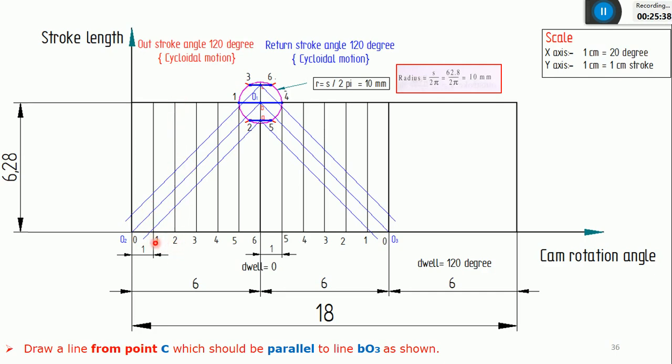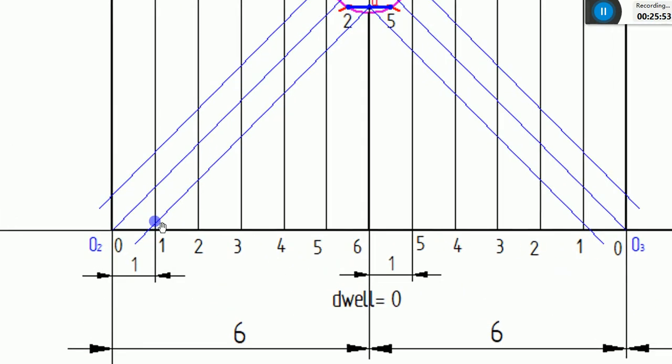So you can see here, this is the first vertical and second vertical line. This is the first inclined line, which is coming from point A. It will intersect the first vertical line and the second vertical line at this point. If you want, you can zoom this area. So this is the first intersection point and the second intersection point with respect to the vertical lines and this first inclined line.